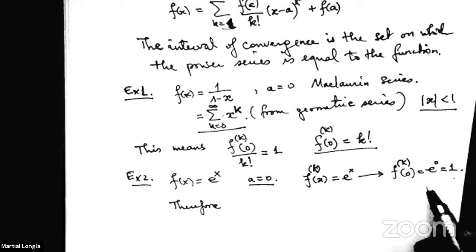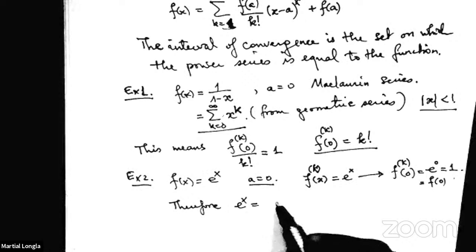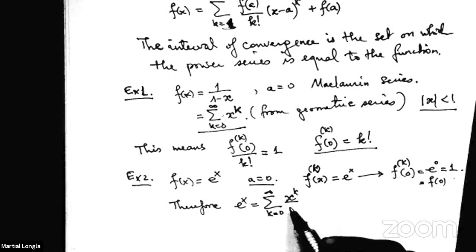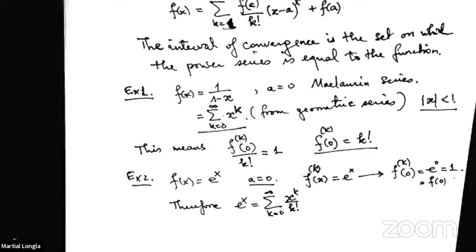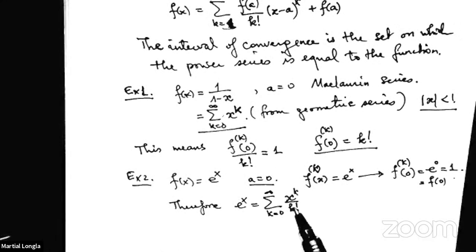So e to the x is equal to sum k from 0 to infinity x to the power k over k factorial, because that coefficient is 1 over k factorial. So this is what you get.